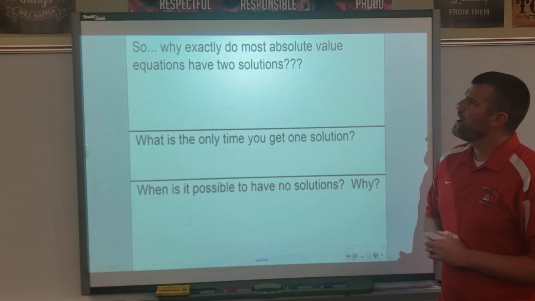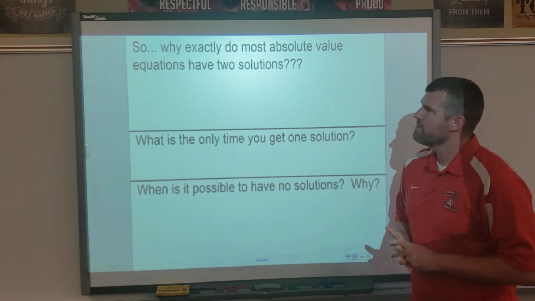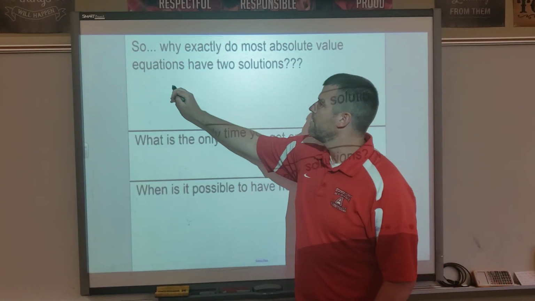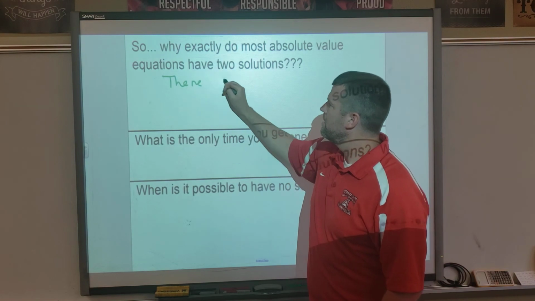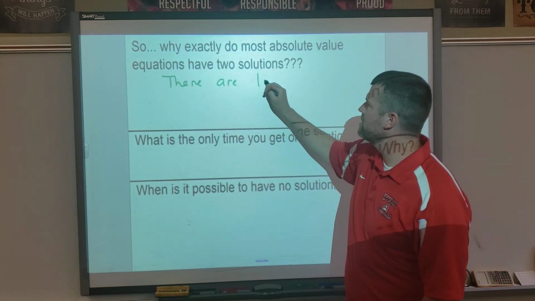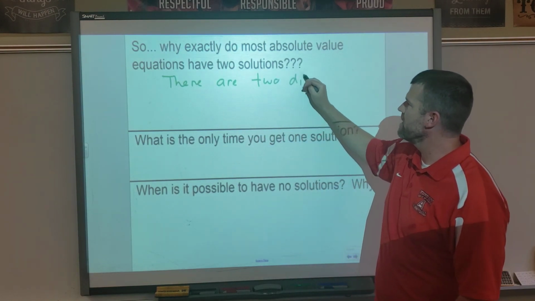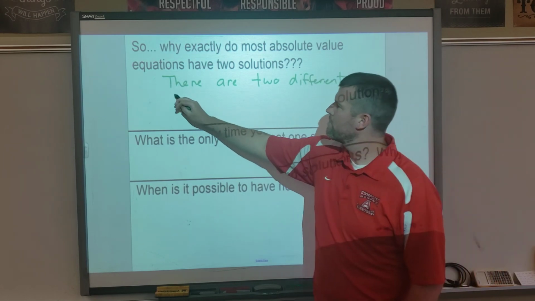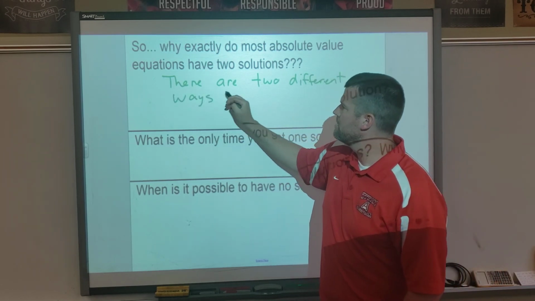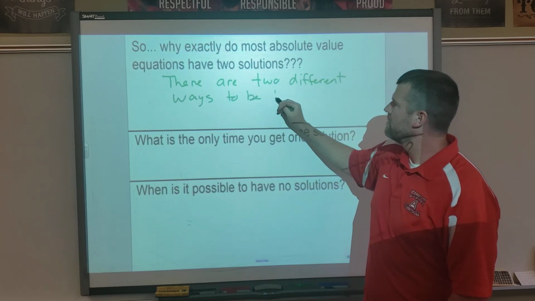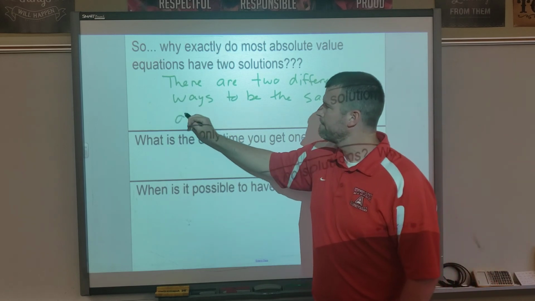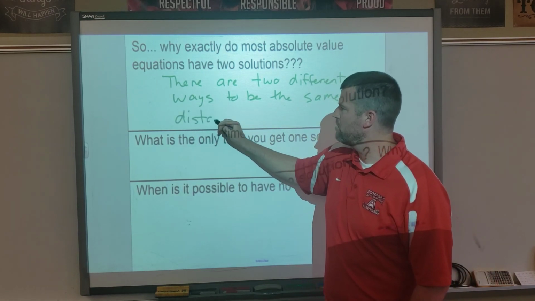So finally, why exactly do most absolute value equations have 2 solutions? Well, there are 2 different ways to be the same distance from 0.